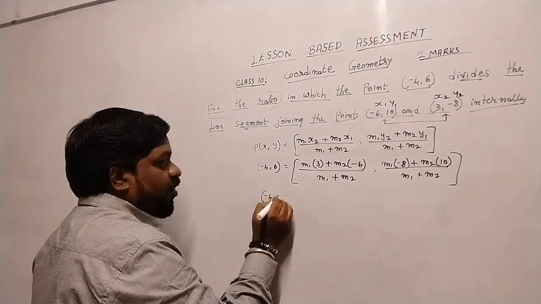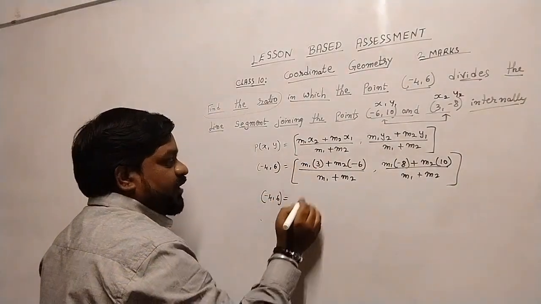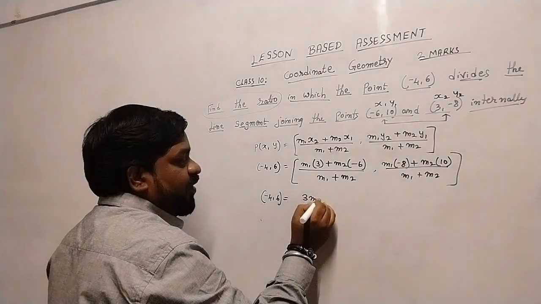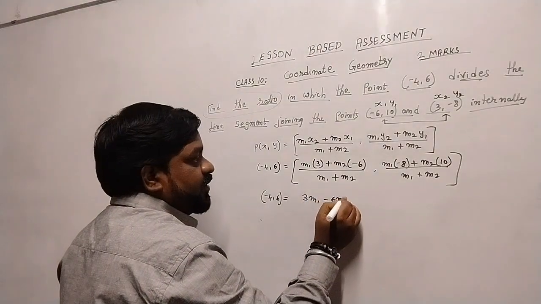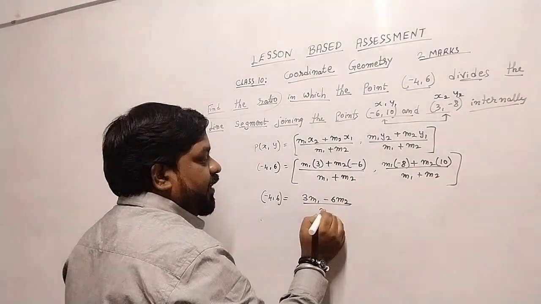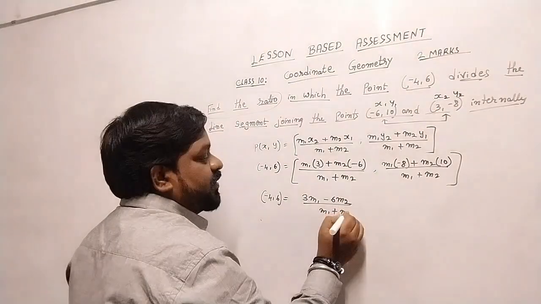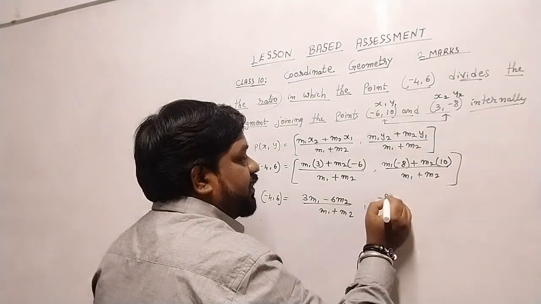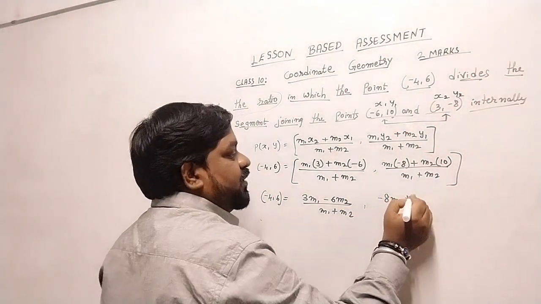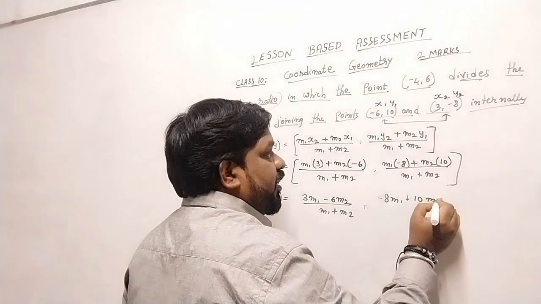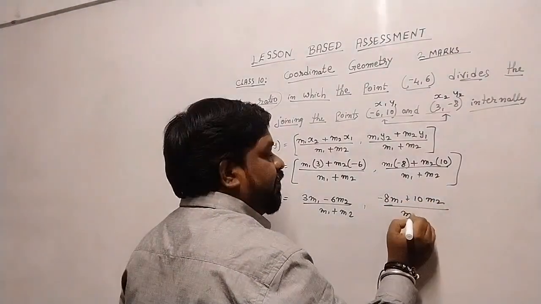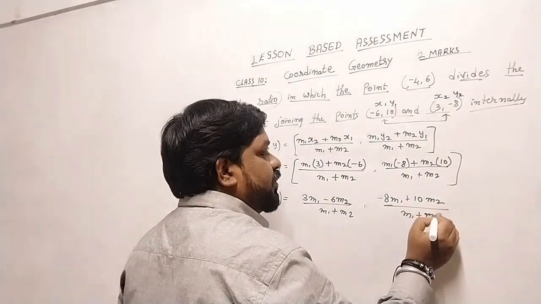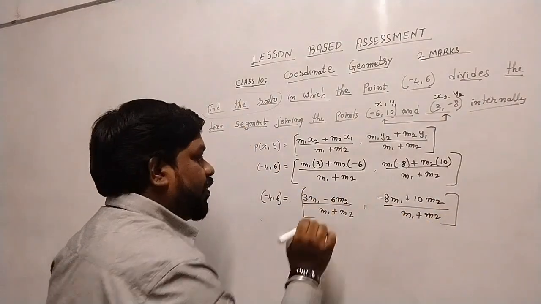Now minus 4 comma 6 equals m1 into 3 can be written as 3m1 minus 6 m2 divided by m1 plus m2 comma minus 8 m1 plus 10 m2 divided by m1 plus m2.